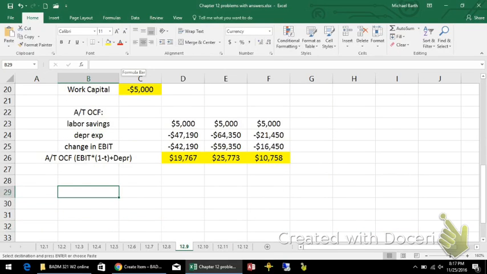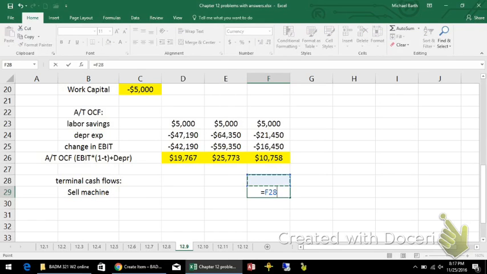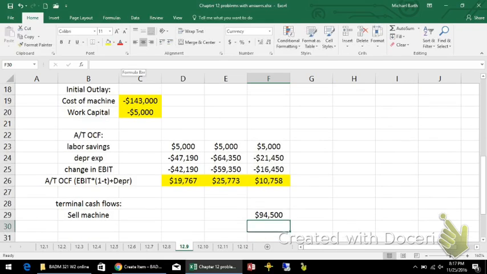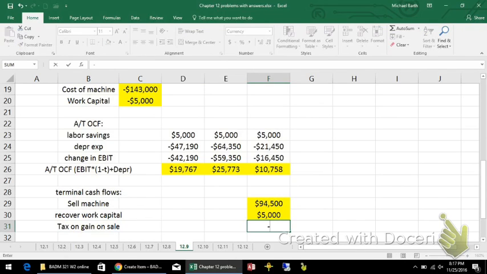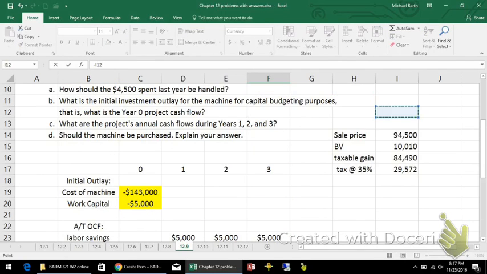And so these are terminal cash flows. Sell the machine, and when I sell it for $94,500, that'll be a positive cash flow. I will also recover the $5,000 I spent here, but I'll have tax on gain on sale, and that would be the 35% of the taxable gain.